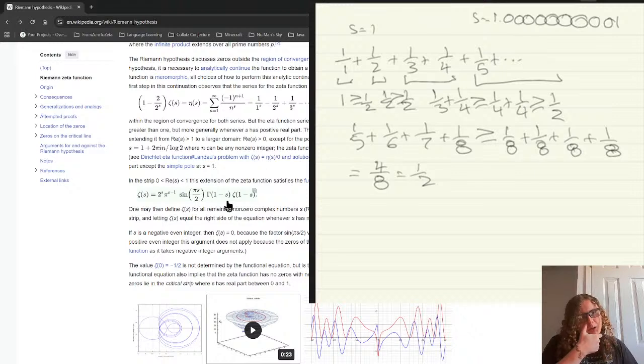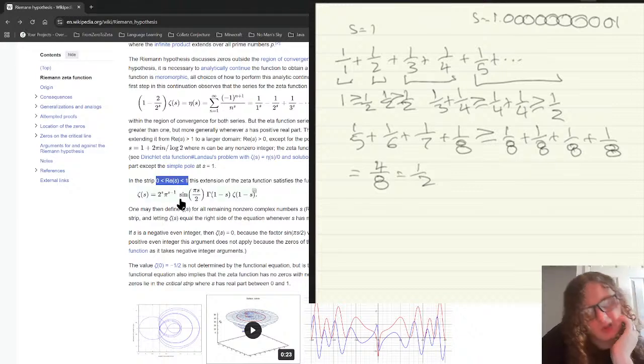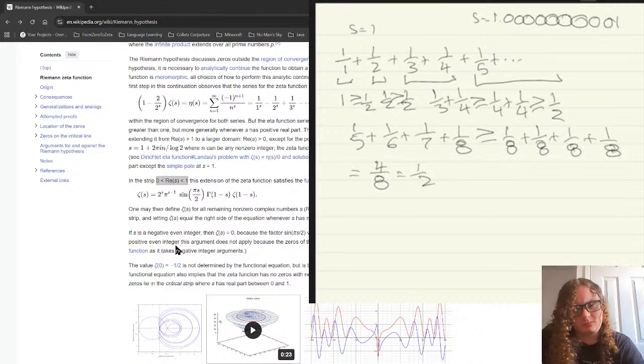Why does it say between 0 and 1 then? So let's see.